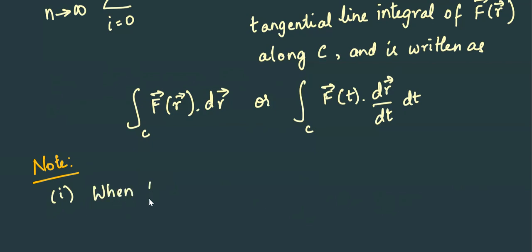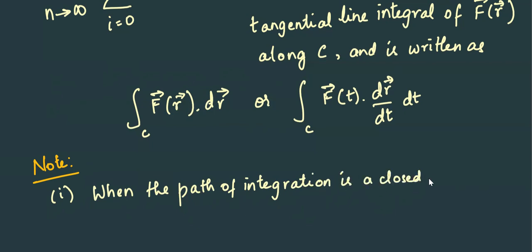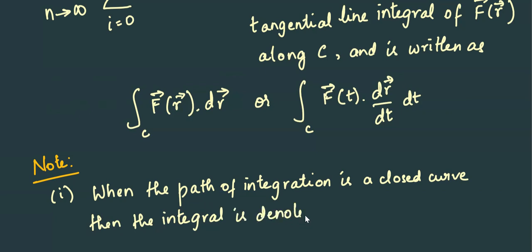When the path of integration is a closed curve, then the integral is denoted as integral with a circle sign like this.